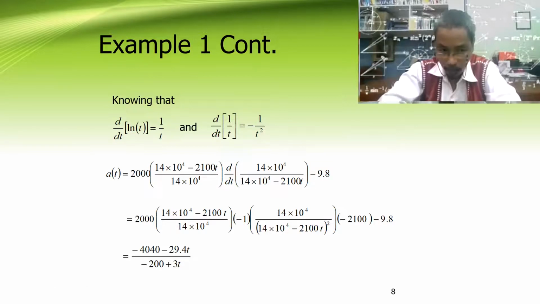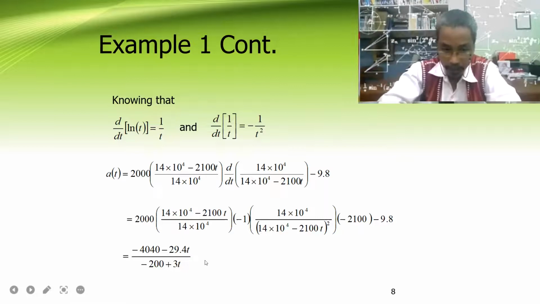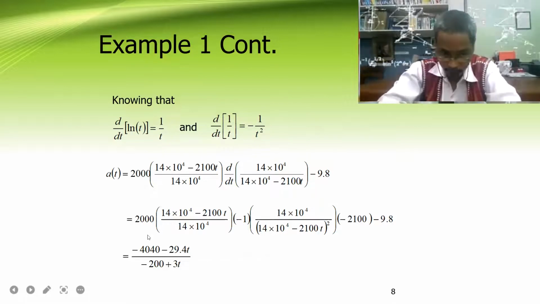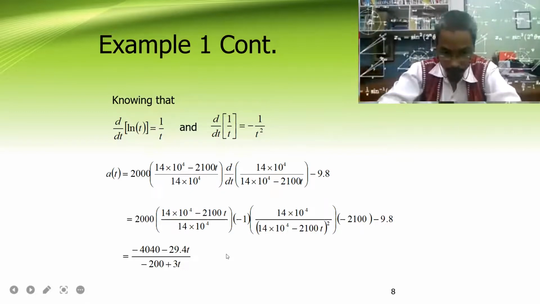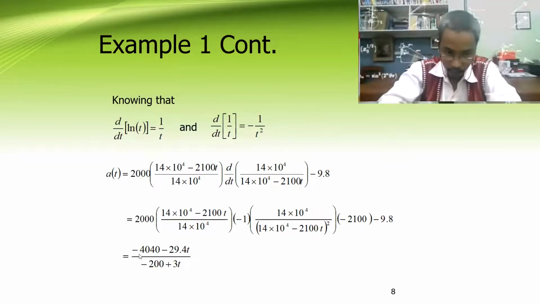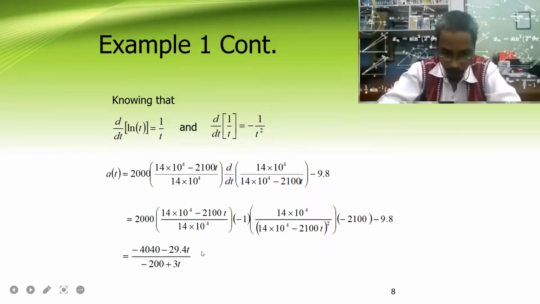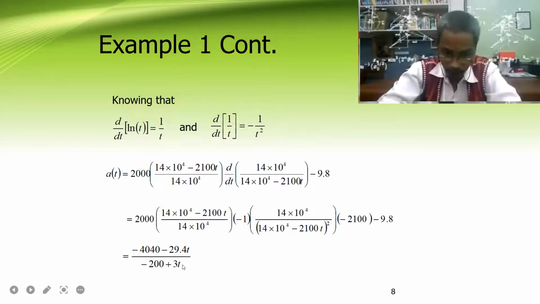And therefore, our acceleration function would be simplified into this rational expression, which is equal to what? The numerator is negative 4040 minus 29.40, divided by the denominator of negative 200 plus 3t.